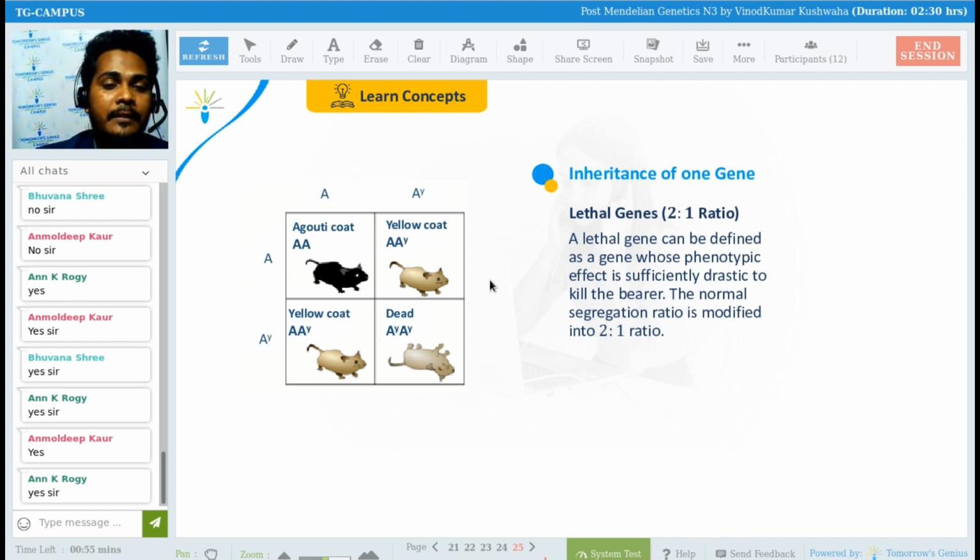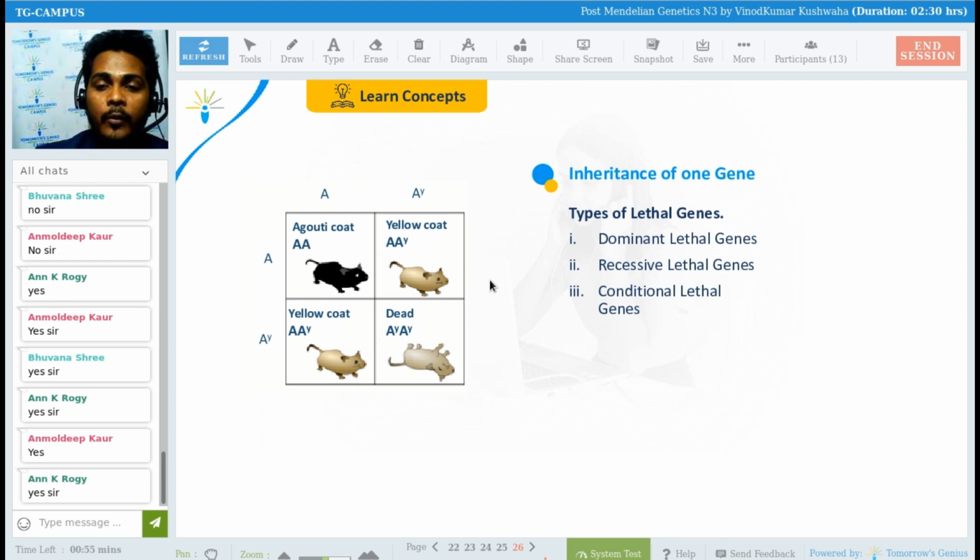So how exactly does this lethal gene work? Lethal genes are basically of three types. One is dominant, recessive, and the conditional lethal genes. Now what is a dominant lethal gene, what is a recessive lethal gene, and what is a conditional lethal gene? Let's try to understand.